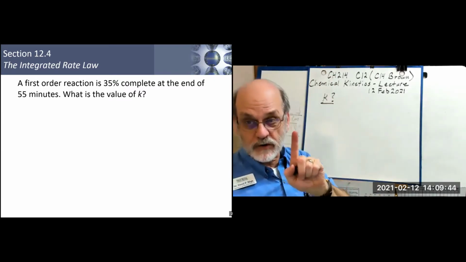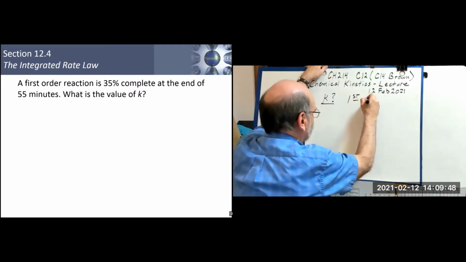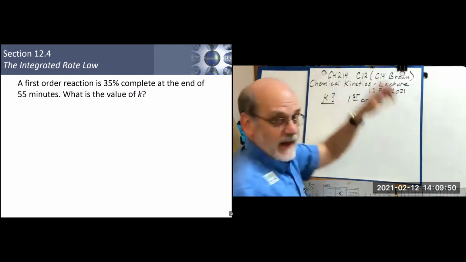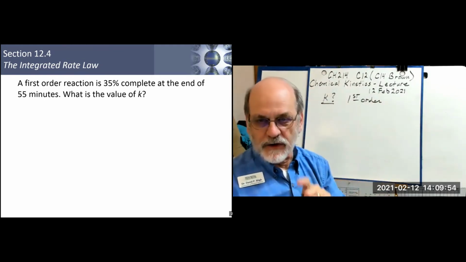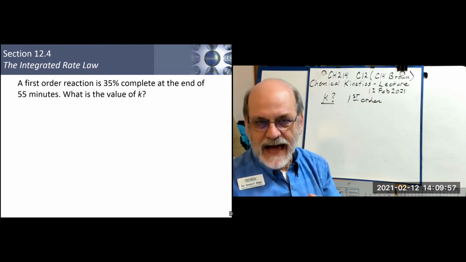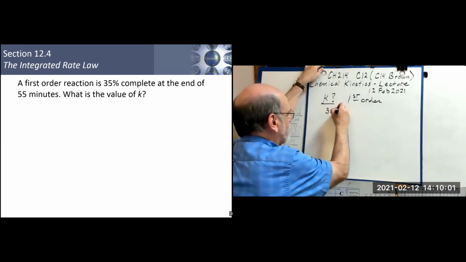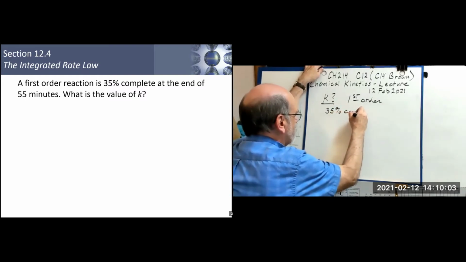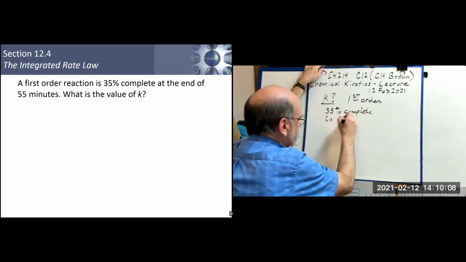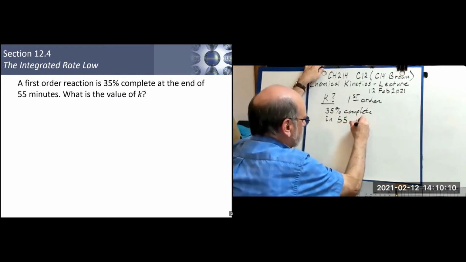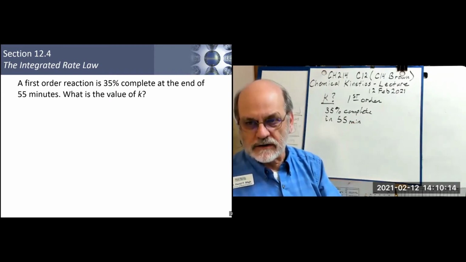We're given it's a first order reaction. Okay, we know that. And it's 35% complete after 55 minutes. Okay, so what does that mean in terms of actual concentrations?